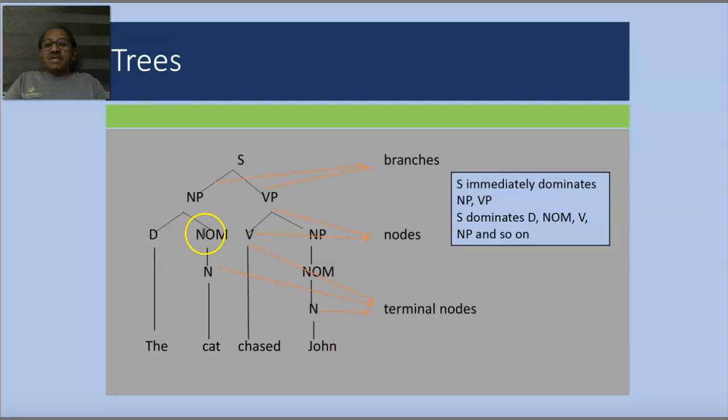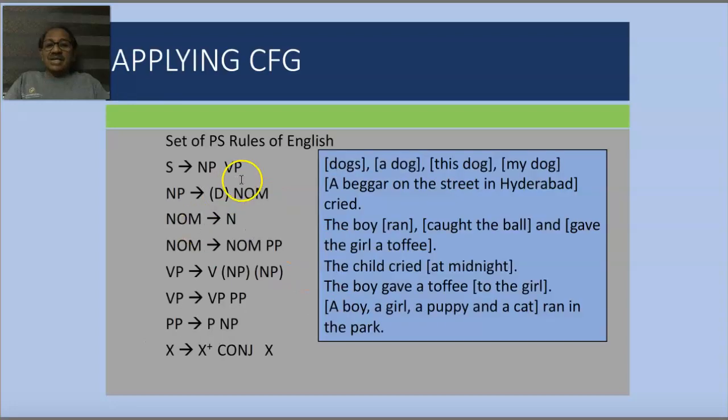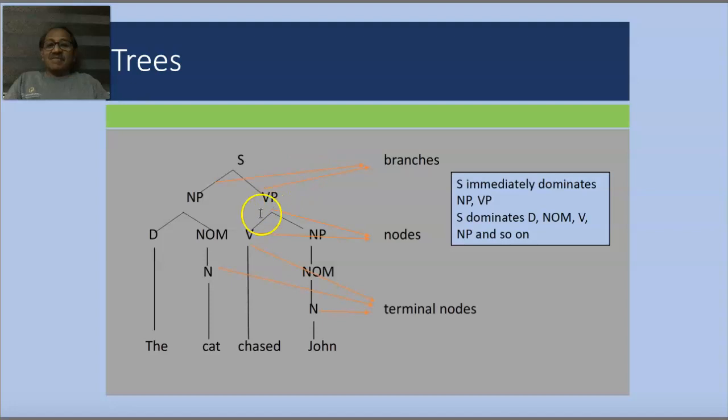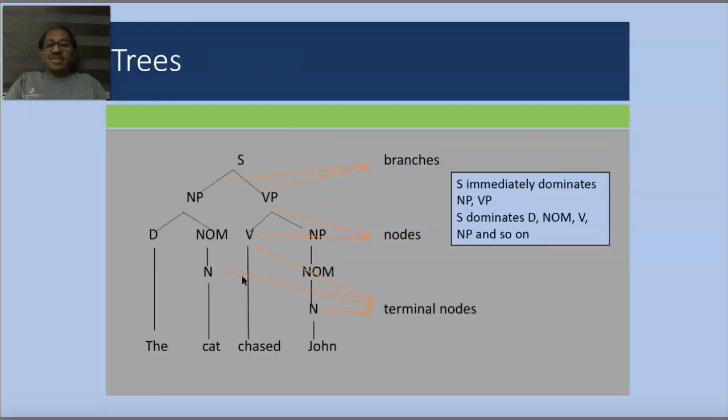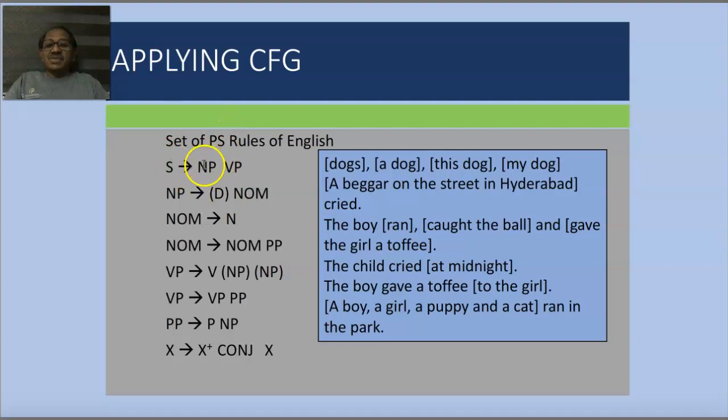NP consists of D nominal. It satisfies the rule here. Similarly, VP consists of V NP. This satisfies your VP rule. Or S consists of NP VP. Satisfies this rule.